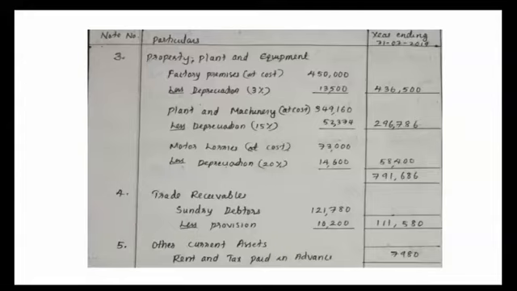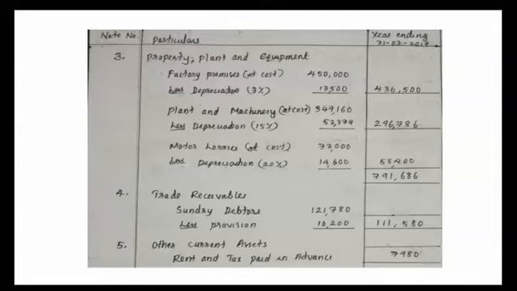Okay. Next fixed asset is plant and machinery, and its cost price is 3,49,160, and the depreciation at 15% equals 52,374. While deducting the depreciation, we will get 2,96,786. Okay. Next head is motor lorries, the last fixed asset. Value of motor lorry is 73,000, and the depreciation at 20% equals 14,600.